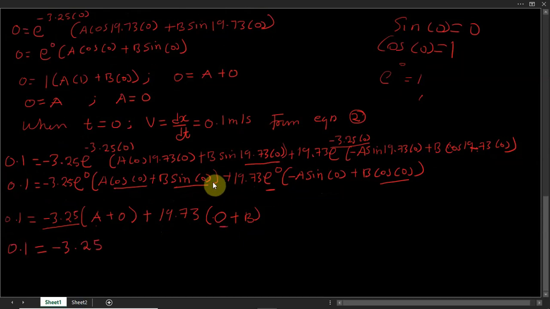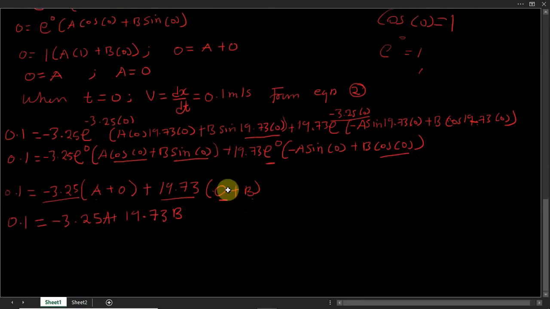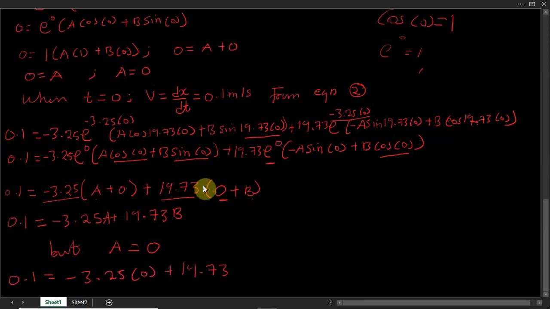Then this is also 0, then B times 19.73 will give us plus 19.73 B. But we know A to be 0, and for that we get 0.1 giving us negative 3.25 times 0, plus 19.73 B.